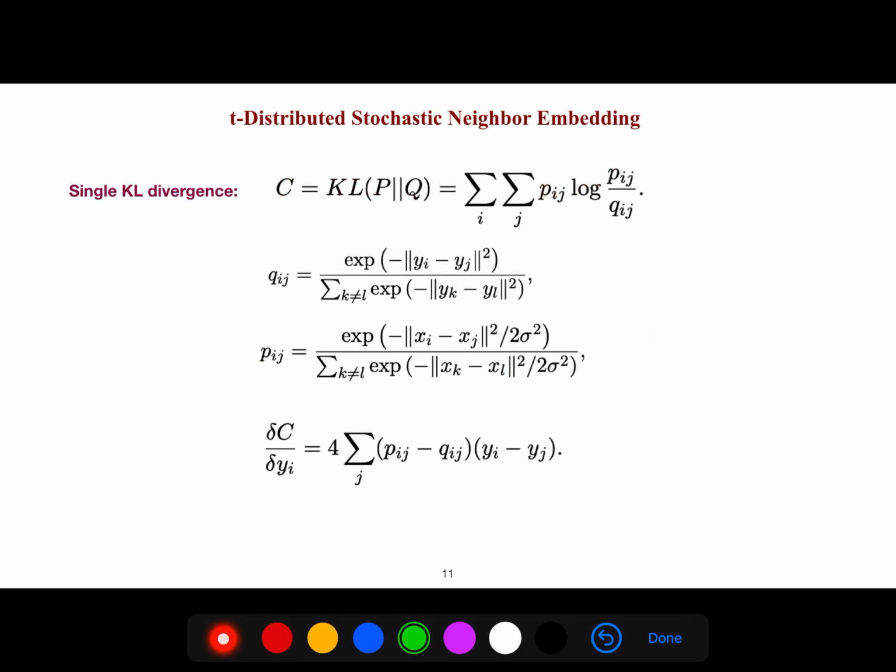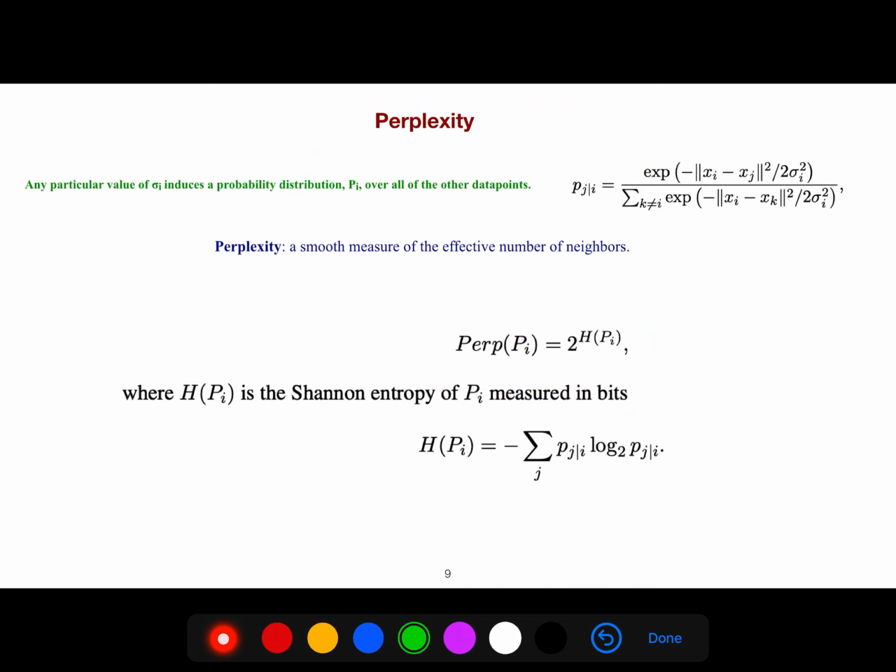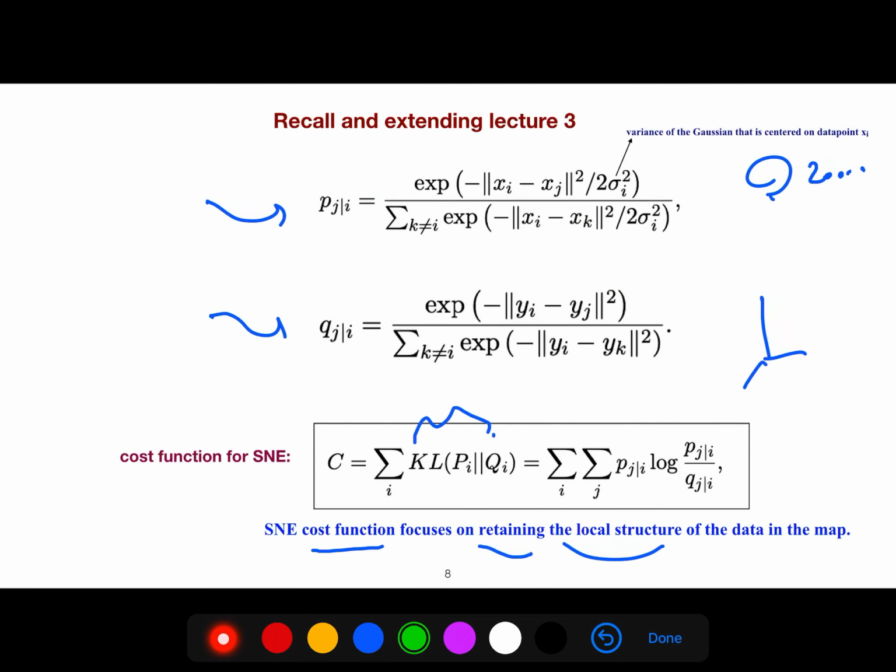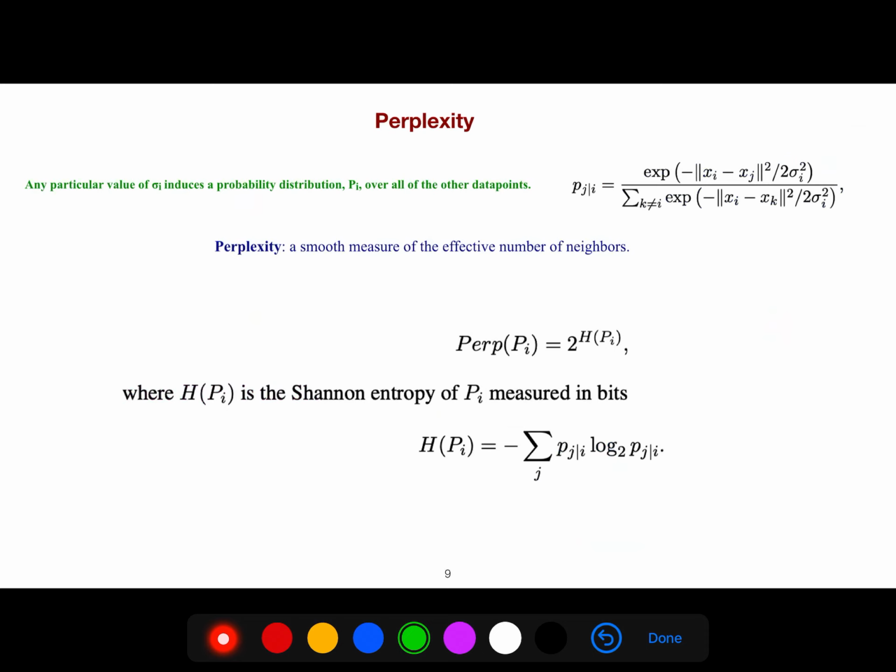So let's come back to this KL divergence. I said that this is the cost we want to minimize. And perplexity is just a smooth measure of the effective number of neighbors, because it's very bad if you say in advance how many clusters you should have, and H here is the entropy.